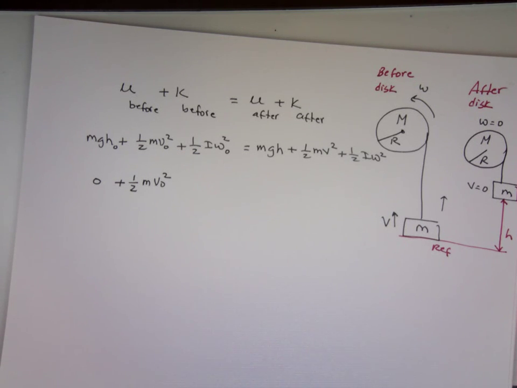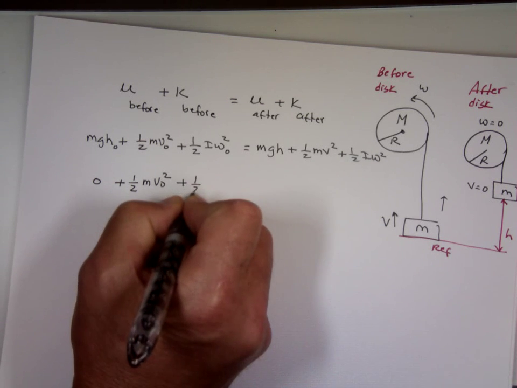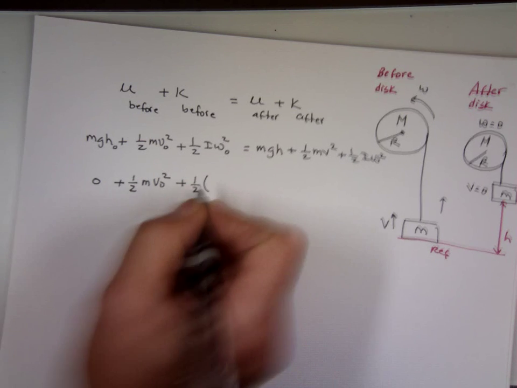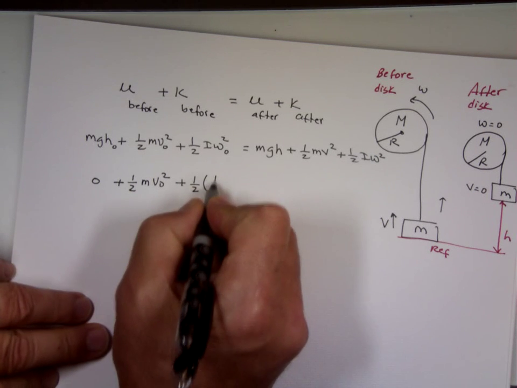plus 1/2. What's the inertia for a solid disk? A disk is 1/2 MR squared. Capital M, the mass of the pulley here.